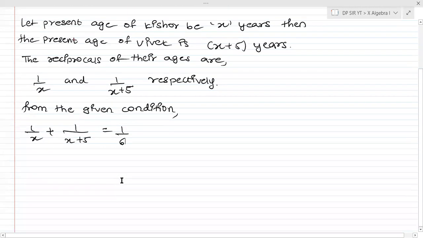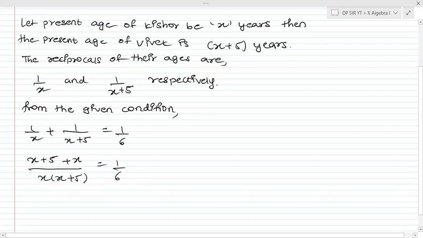Now just solve this part. It's very easy to solve, but you need to solve it. So x plus 5 plus x upon x into x plus 5 is equal to 1/6.